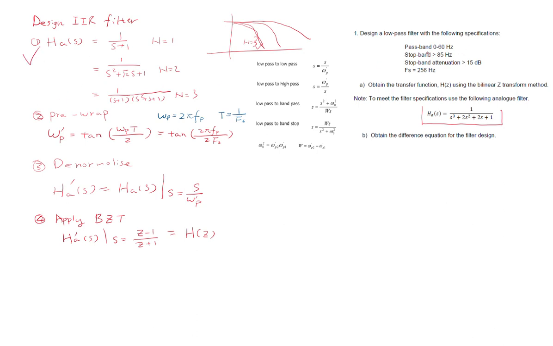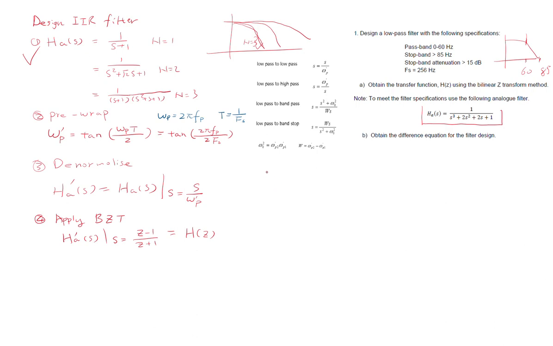And the second step is, it's a low pass filter, right? We want to know the cutoff frequency. So we know this frequency is 60 Hertz. We know that stop band is 85. So this actually cutoff frequency is 60.